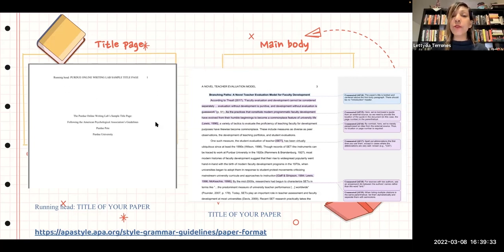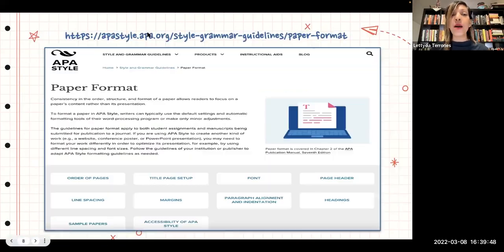How do you keep up to date with the different rules of how to set up your title page, how to do the formatting here, how to do your headings? The best way to do it, I suggest, is to maybe take a picture of this page right here on your phone and go to this website. This is the APA style guide or blog that's online.